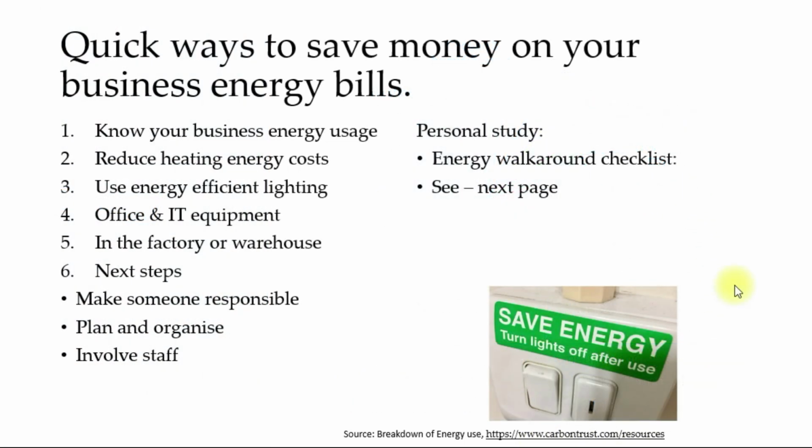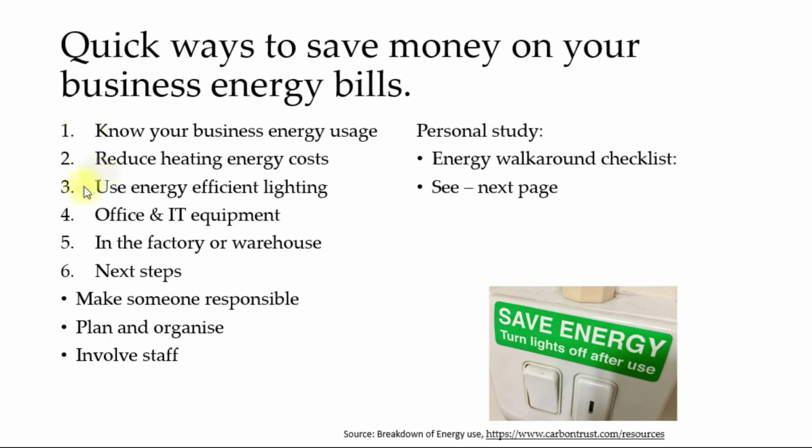To perform an energy audit, one of the ways to save money on business energy bills is to follow this process, which is taken from the Carbon Trust. First, know the business energy usage, through smart metering or manual readings.